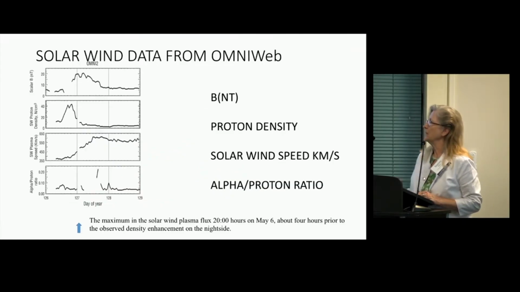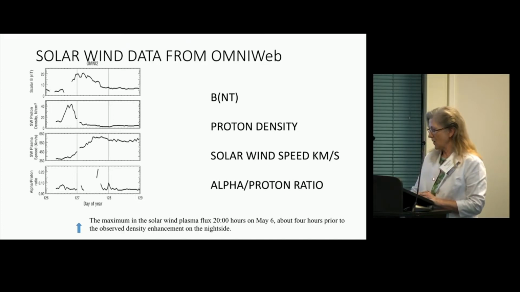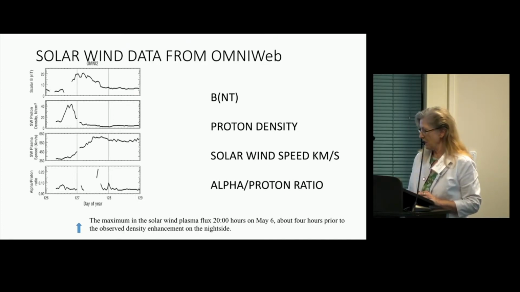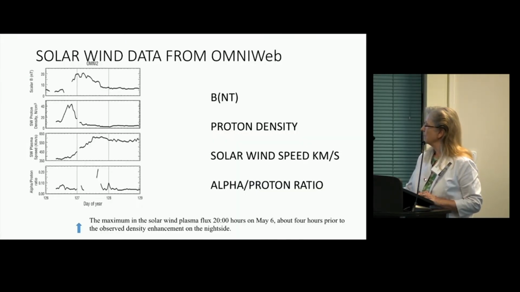So here's our solar wind data. Fortunately, even back in '73, we had measurements of the solar wind from IMP6. So we know that before the time where we saw this increase, oops, let me go back. Here's our proton density, increased from about 10 per cc to about 40 here.